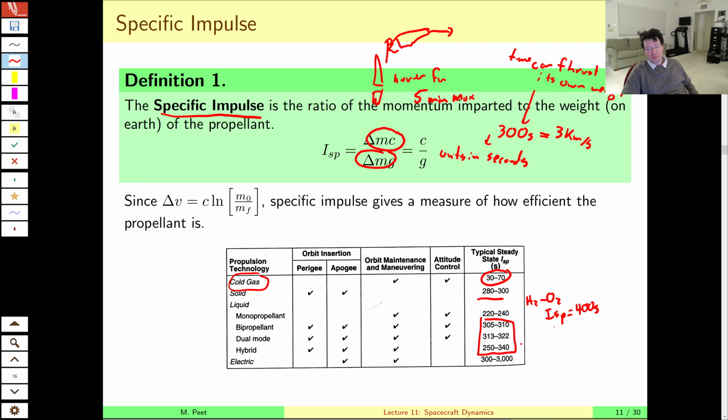Burning propellants, that is. Now there's an exception, of course, for electric propulsion, where we can add energy to the propellant through electricity, and then we can get away from these limitations on ISP. But that does require electricity.